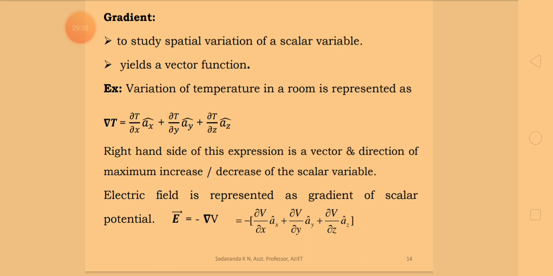The right hand side of the expression is a vector. So the first and foremost question that arises is, if it is a vector, what is the direction of that vector on the right side?